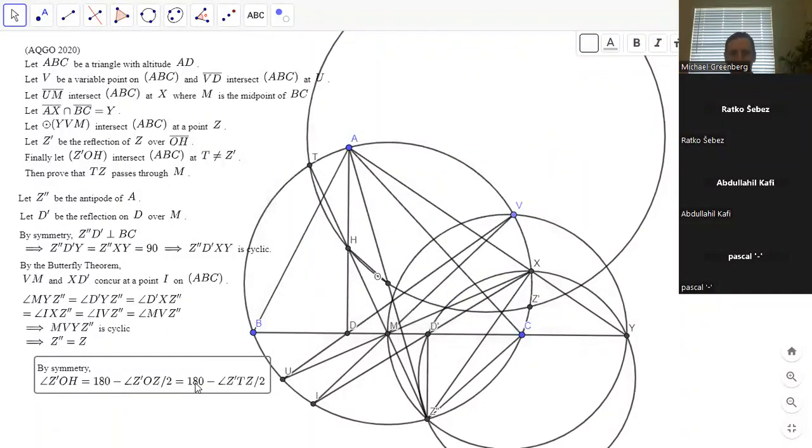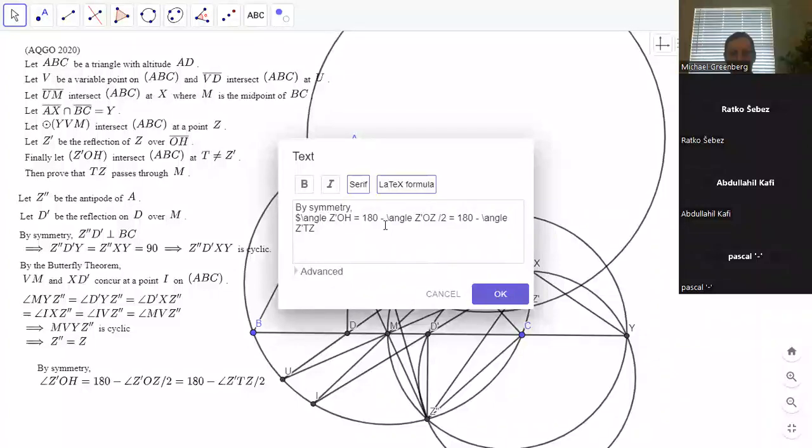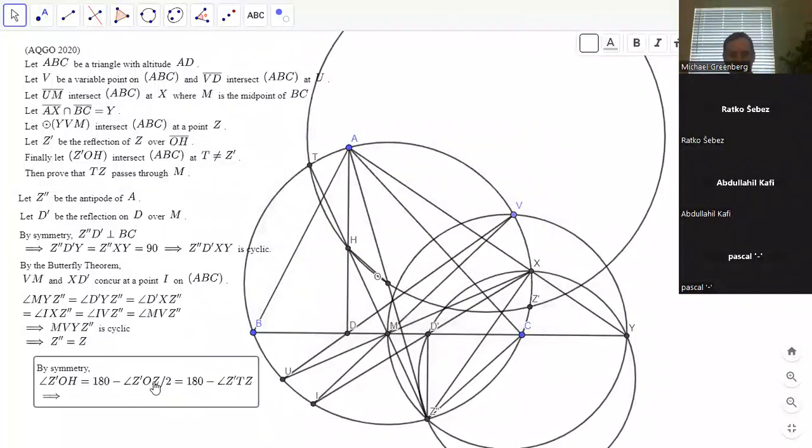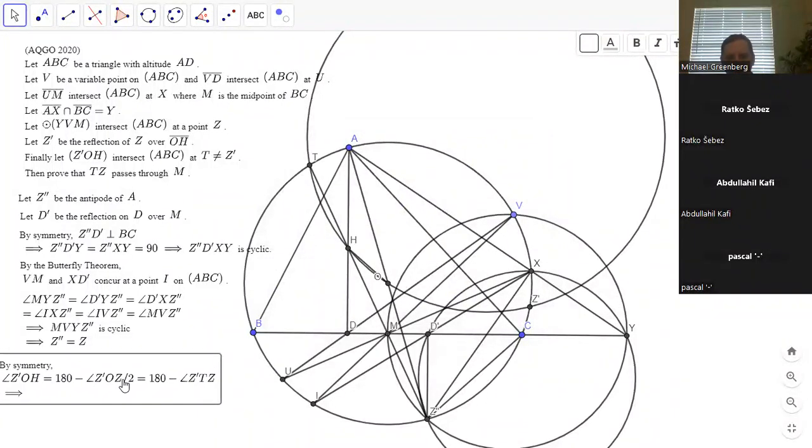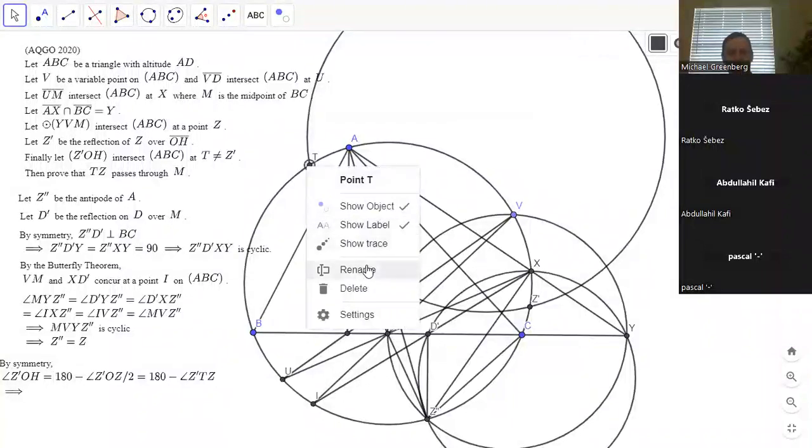Oh no, it would just be Z prime TZ. And this implies that Z prime... oh, well, we're defining T differently. So, yeah.